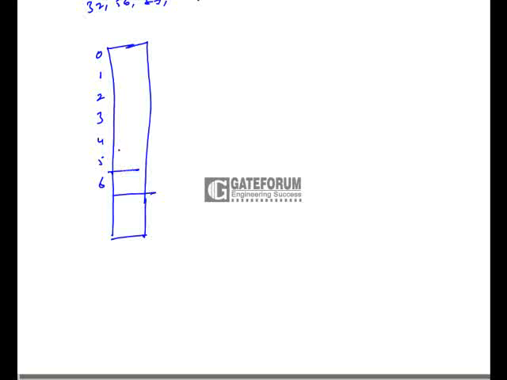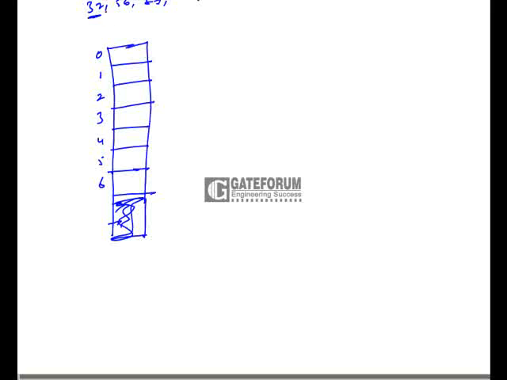So this is a hash table, and the hash function is given as mod 7. Let us insert the elements into the hash table in the given order.